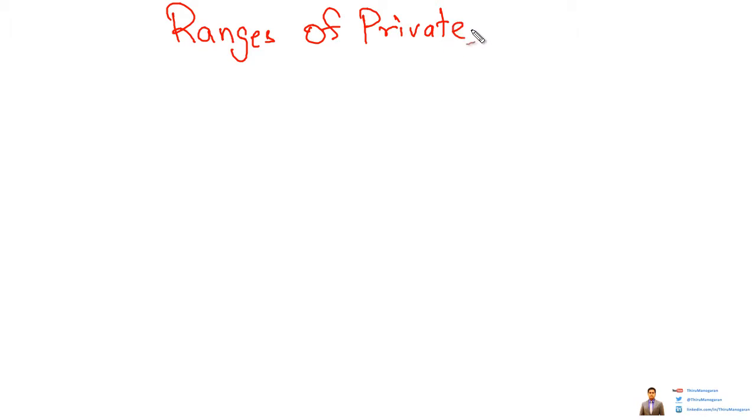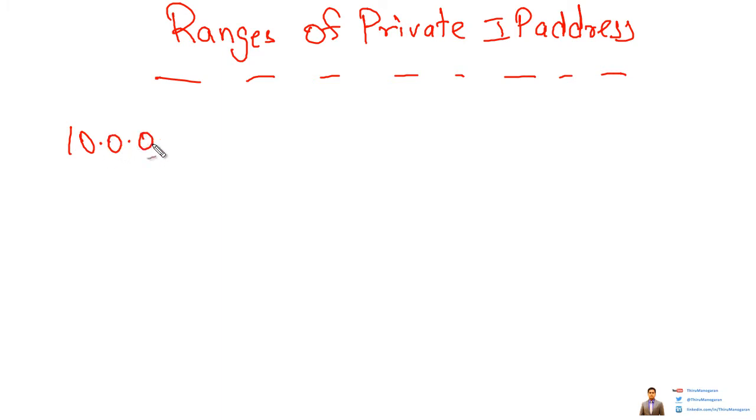So the ranges of private IP addresses: that's 10.0.0.0 to 10.255.255.255.